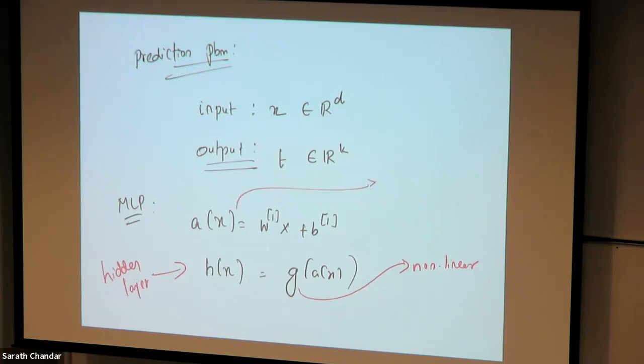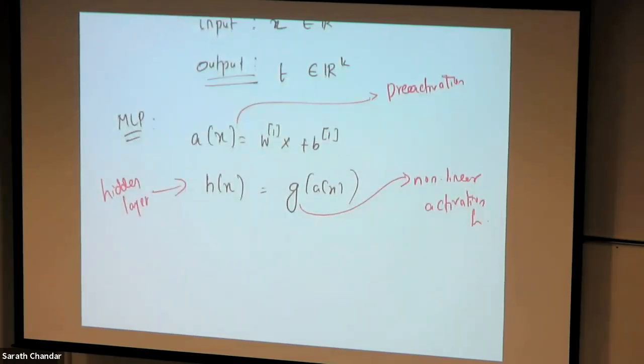This is called pre-activation, and this non-linear function g is called the activation function. Whatever you compute before applying activation is the pre-activation. It is just a linear layer followed by the non-linear activation function. Is that clear? So h of x is actually the phi function, the learned basis function, which we have been previously calling phi of x.